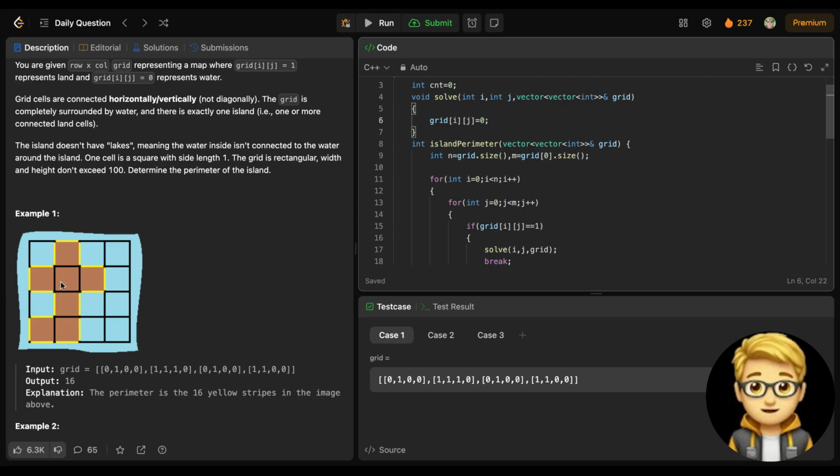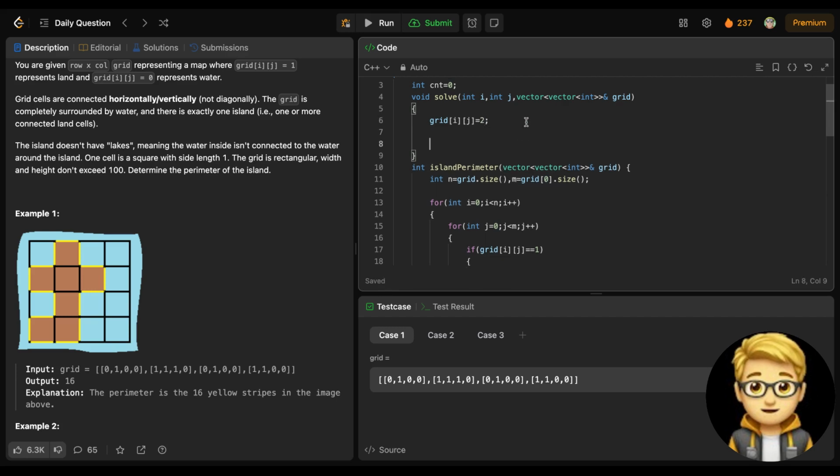But I have already marked this 1 comma 1 as a 0. So for the 0 comma 1 cell, this part will also be considered as my perimeter, which is wrong, right? So we will not mark it as 0, we will mark it as another number, which is not 0 or 1. So let's consider it as a 2.